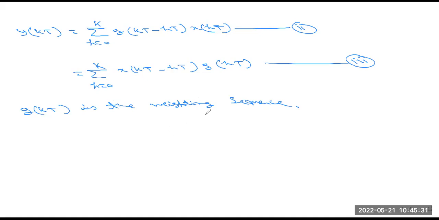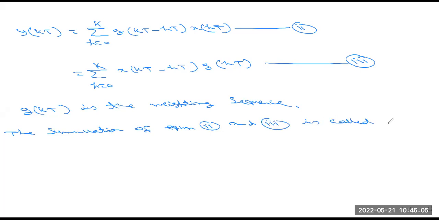Now the summation of equation number 2 and equation number 3 is called the convolution summation.